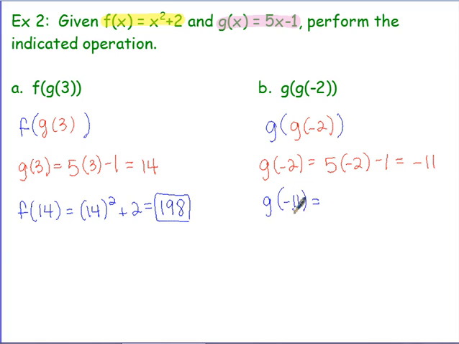So -11 is going to go in the g equation. So 5 times -11 minus 1. And if you type that one in your calculator, you should get -56, which is our answer.